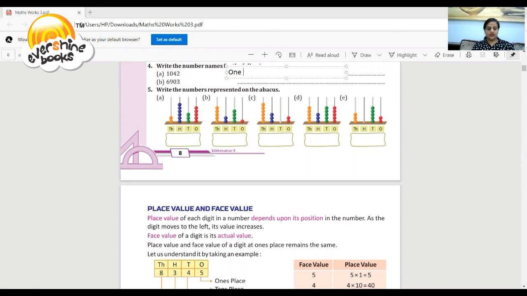So the 1,000 spelling is THOUSAND. 1,000 and 40. FORTY. 40. TWO. 42. This is the number name for 1,042. Okay.